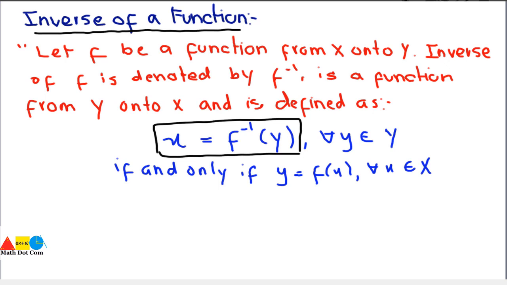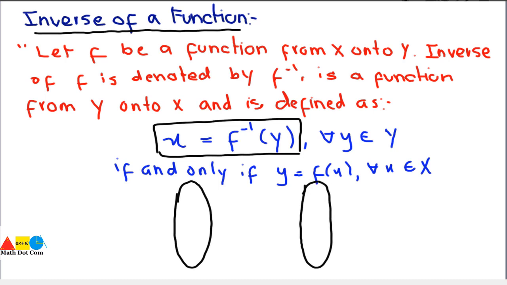If I show it diagrammatically, these are the two sets: this is X and this is Y, and here we have X and here we have Y. Where X to Y is a function, this will be represented as f, that is y is equal to f of x.